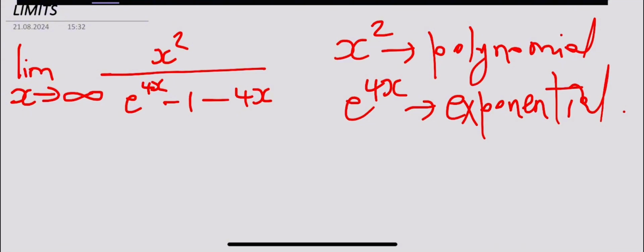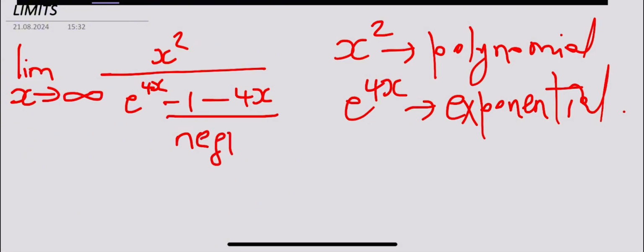Let's break this down. e to the 4x grows extremely rapidly as x approaches infinity because exponential functions increase much faster than polynomial functions, as we've said. The terms -1 and -4x will become negligible compared to e to the 4x. These two terms right here, -1 and -4x, we can neglect them.